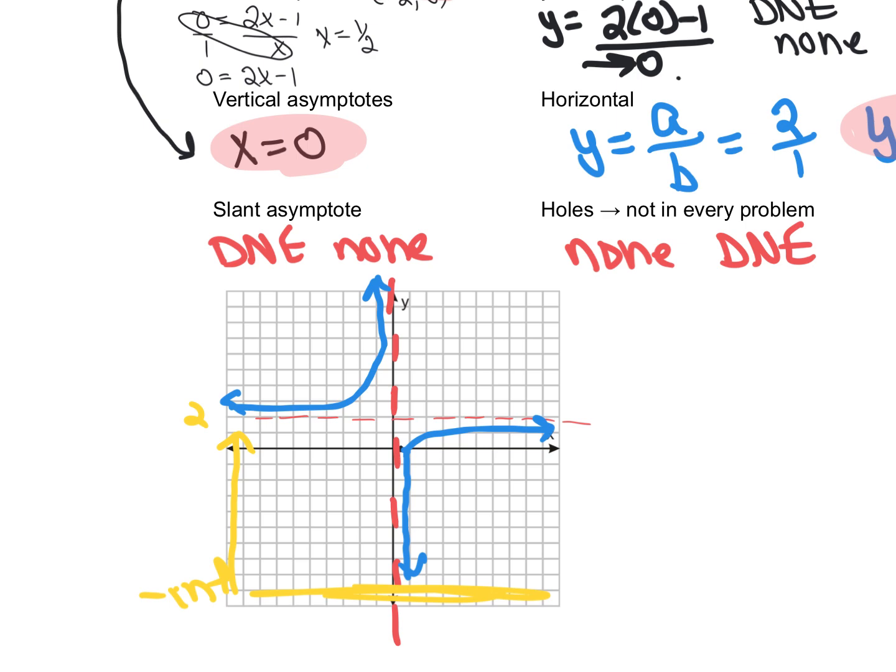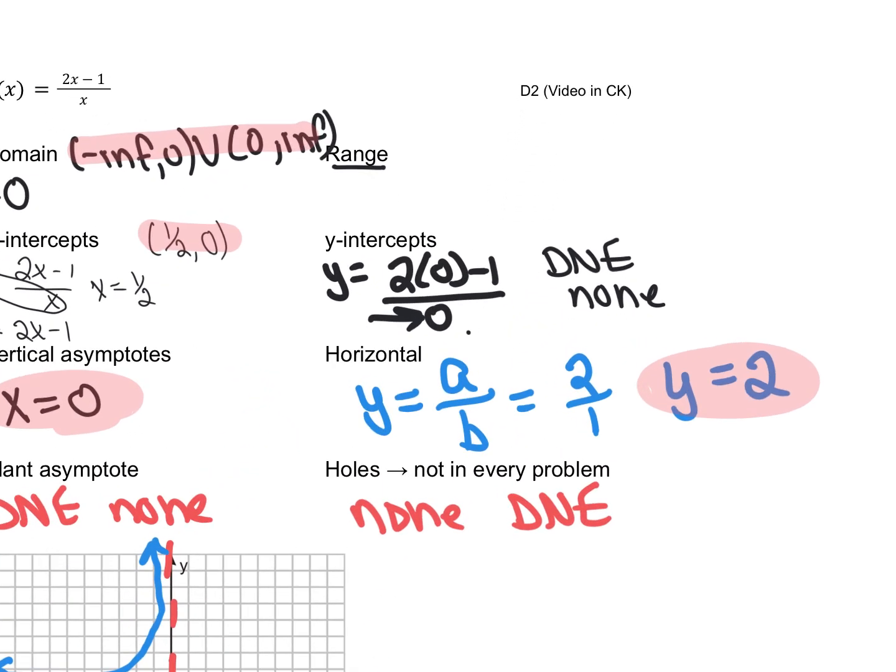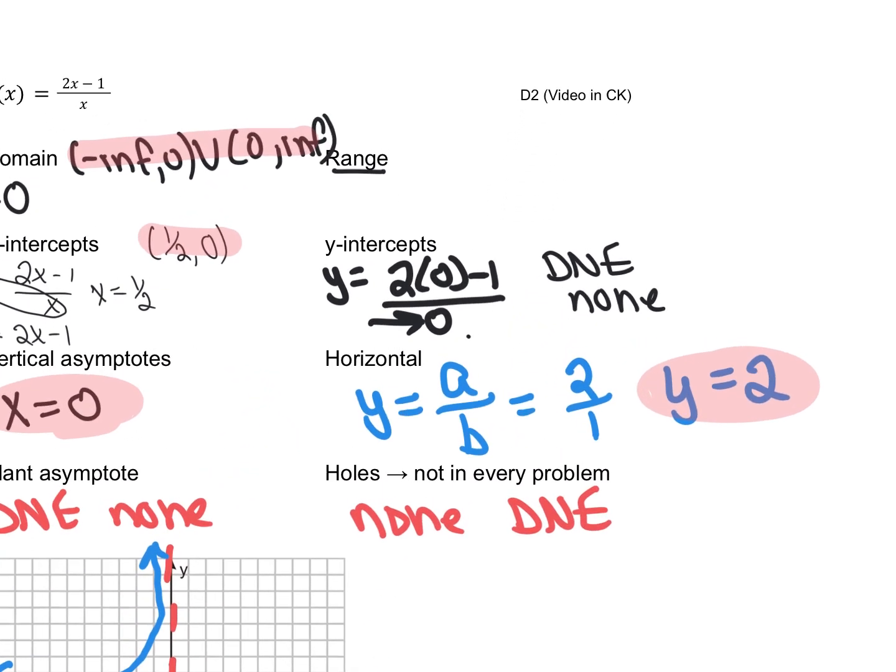There's no graph at 2, and then it keeps going all the way to positive infinity. So when we write our range, we go from negative infinity, up, up, up until it hits 2. Remember, it didn't cross 2 because 2 was our asymptote. And then it goes from 2 to positive infinity.